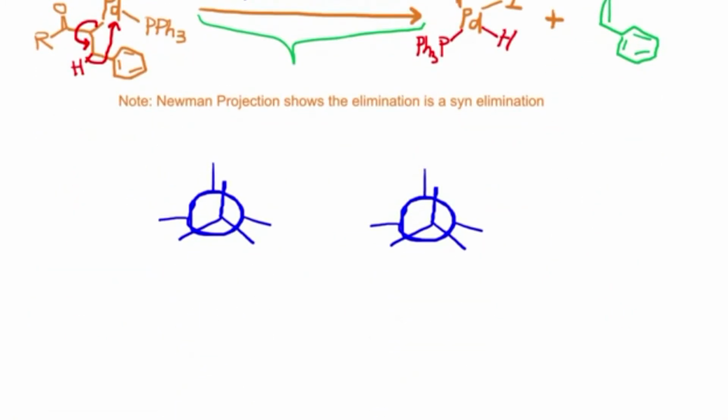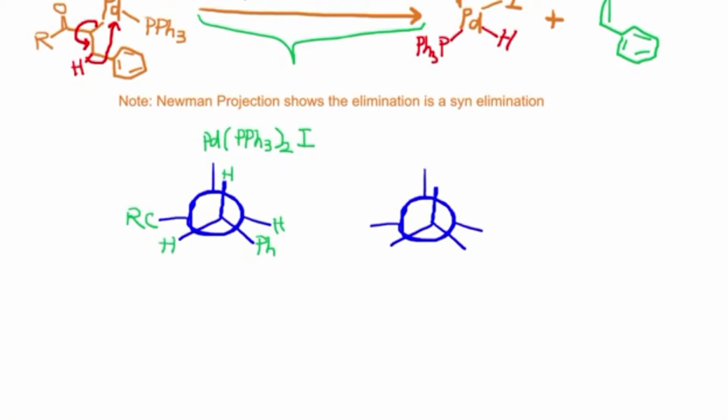This beta-hydride elimination reaction can be seen using a Newman projection. On this part here we have the metal bonded with phosphine, two of them, with iodide, and we have the R group right there, and here we have hydrogen, and in the front carbon we have a phenyl group and a hydrogen.